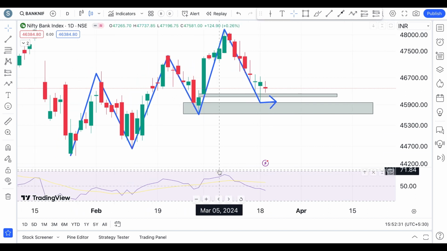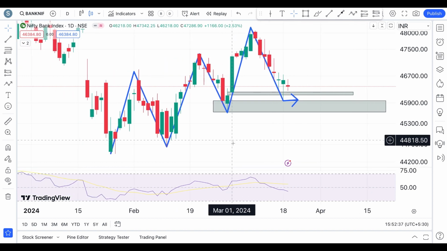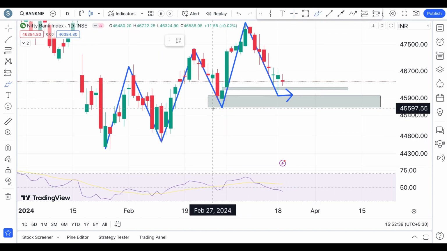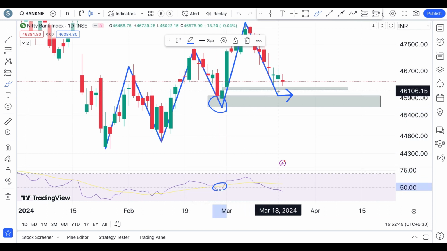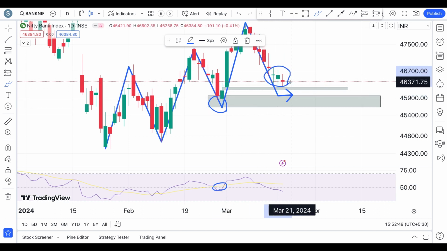And also, if you see, this blue color line here is an RSI line. If you notice sharply, see how the RSI is at that point, and now it is a little higher. The price action of the Bank Nifty is here, a little higher than that.